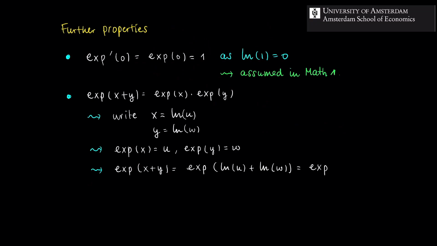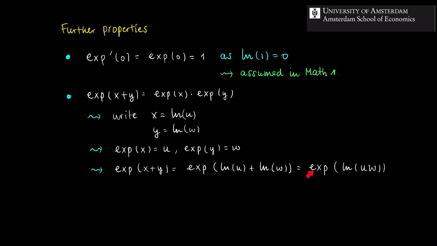So here we get the exponential function evaluated in the natural logarithm of u times w, which, the exponential function and the logarithm being each other's inverses, means that these cancel. This is no more than the identity.